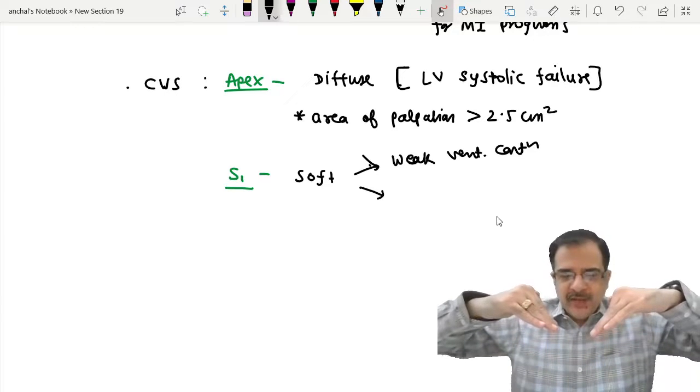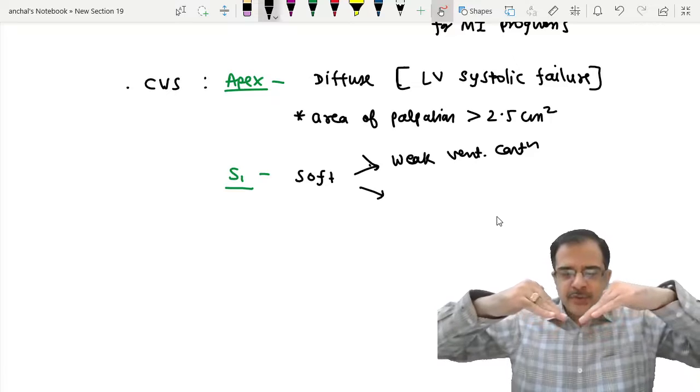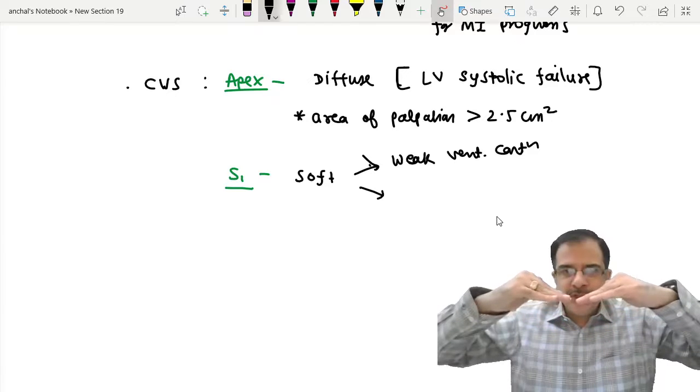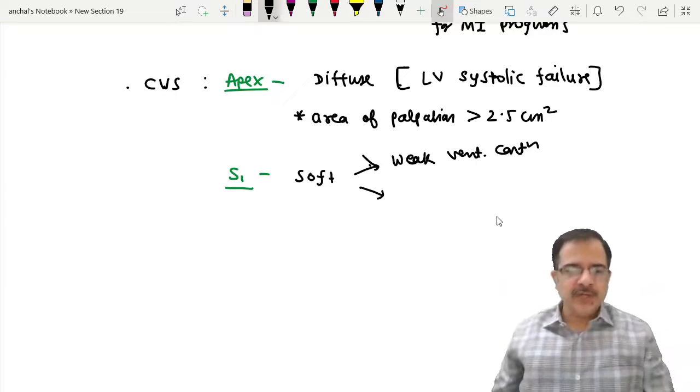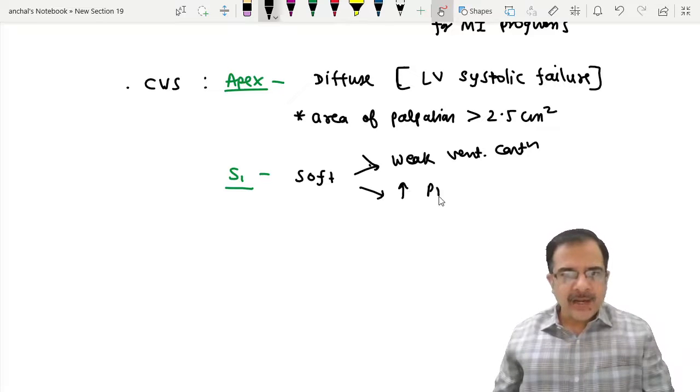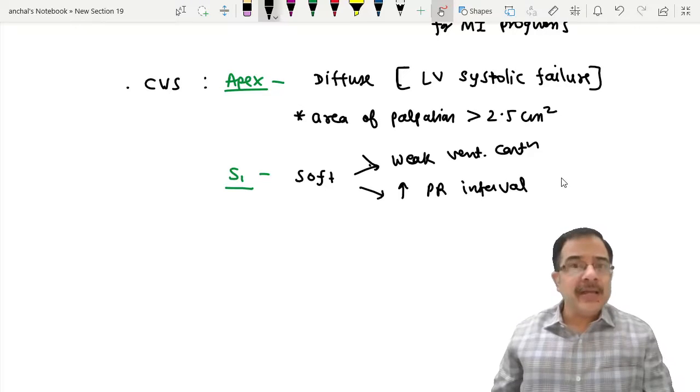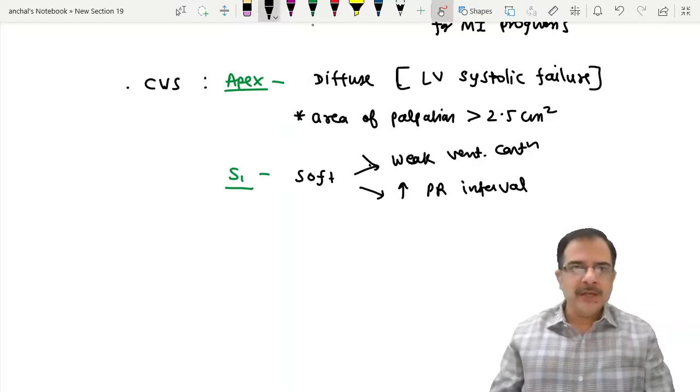Automatically these AV valve leaflets will be pushed towards the closed position, and when the ventricle depolarizes and contracts, these leaflets will strike from a short distance, so the sound will be soft. So the second reason is a prolonged PR interval. Why does prolonged PR interval occur in MI? Due to AV node infarction. So these are the two reasons for S1 to be soft.